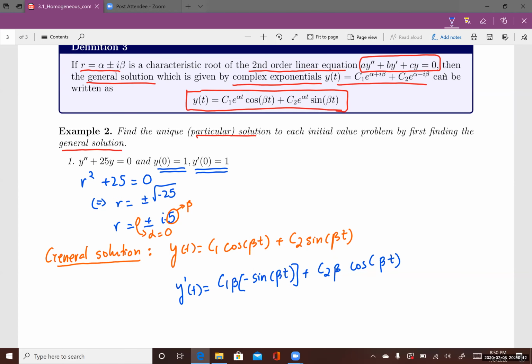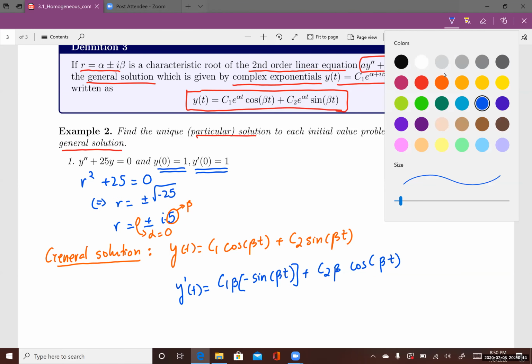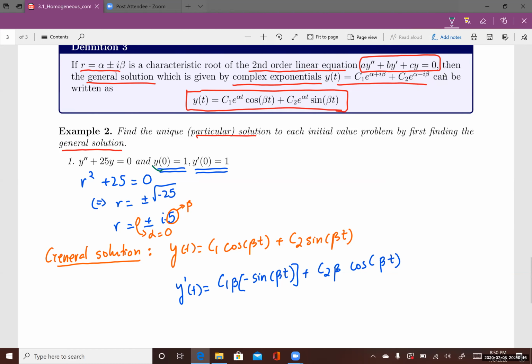All right, now as you can see that I can plug 0, 1 into y of t, and I can plug 0, 1 into y prime of t.